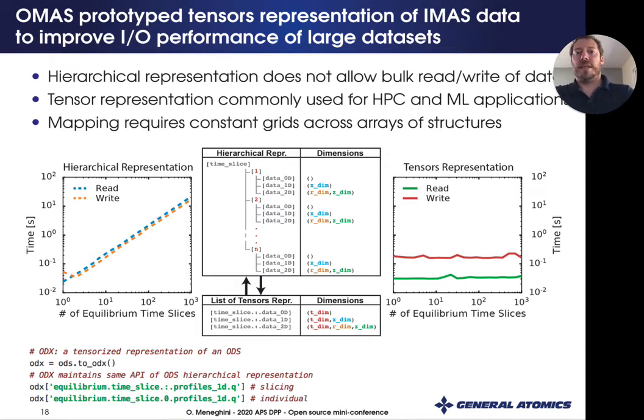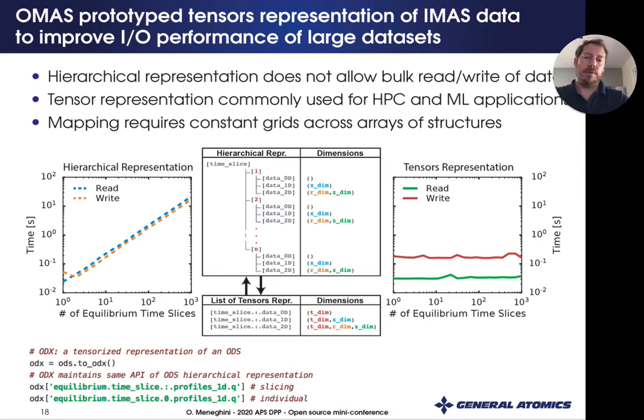OMAS also prototyped tensor representation of the IMAS data to improve the I/O performance of large data sets. This is something that has been implemented in the HDF5 backend in IMAS, or at least that will be implemented this way in the HDF5 backend. To make a long story short, if you have big arrays of structures, the time to read and write the data to file scales linearly with the number of elements in your arrays of structures.